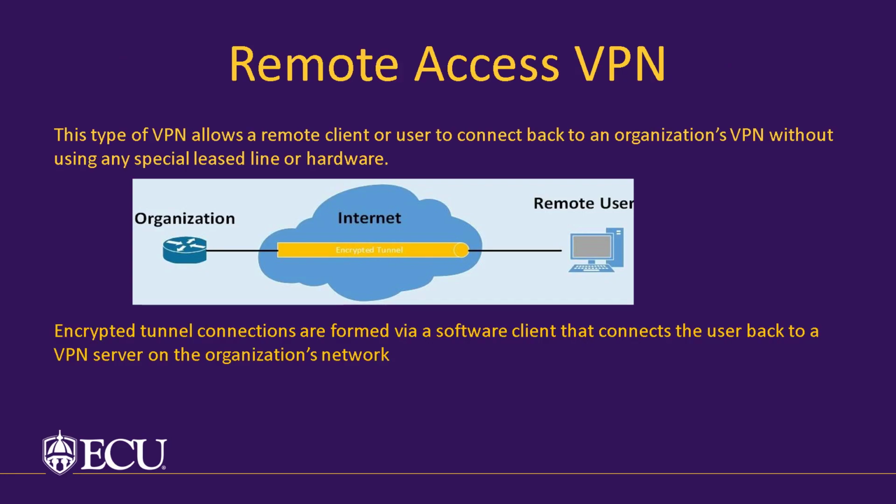Next, we go to remote access VPN. This type of VPN allows a remote client or user to connect back to an organization's VPN or network without using any special leased line or hardware. So basically, this is the situation where you have remote users that work from home.